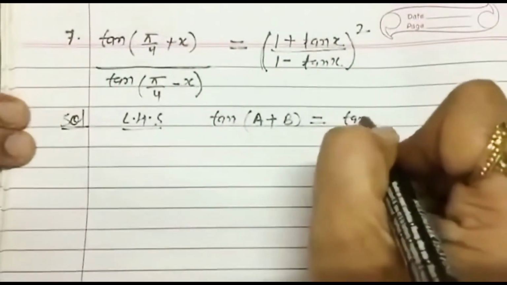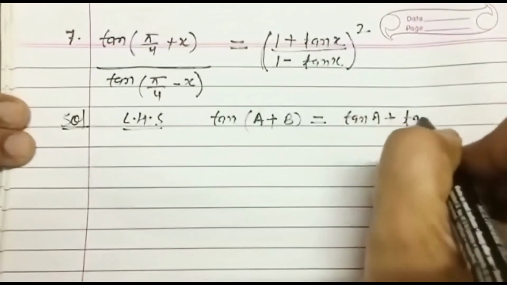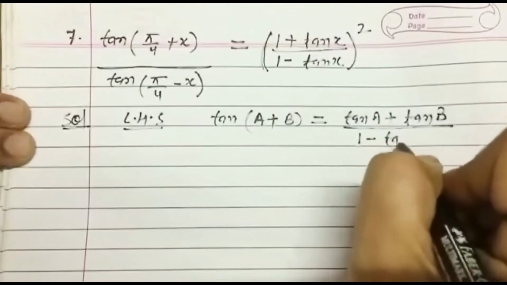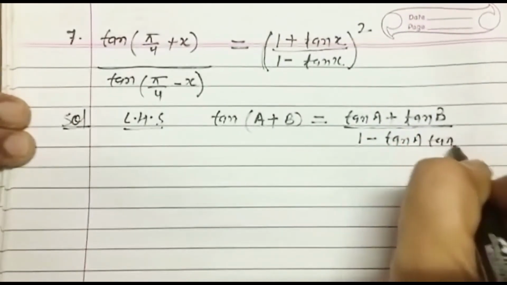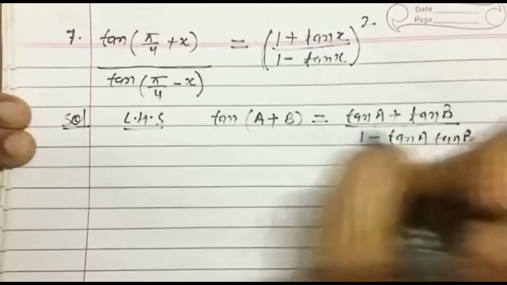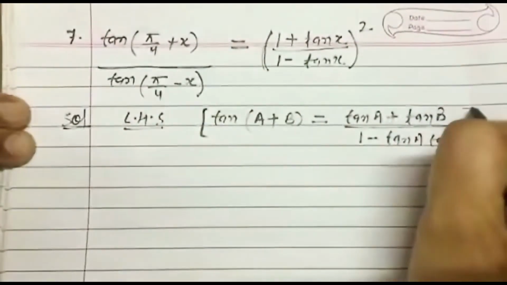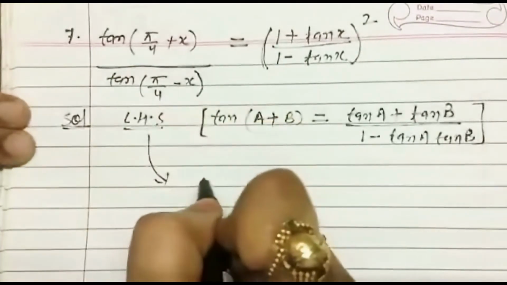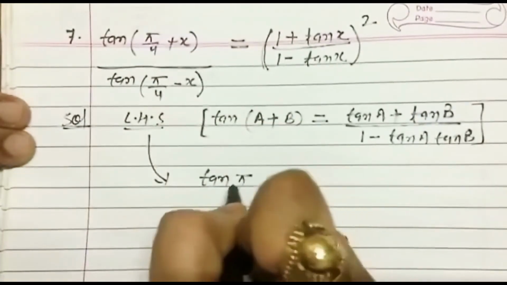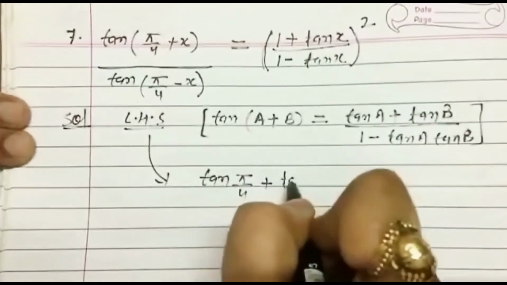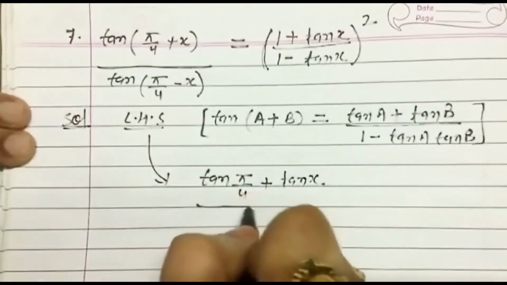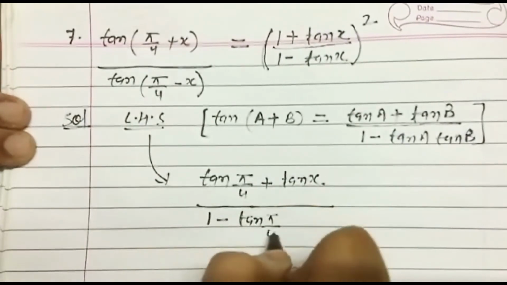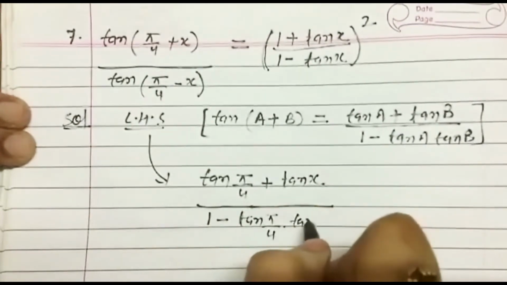Formula is (tan a plus tan b) by (1 minus tan a tan b). So in LHS, here it is tan pi by 4 plus tan x, and here 1 minus tan pi by 4 tan x.